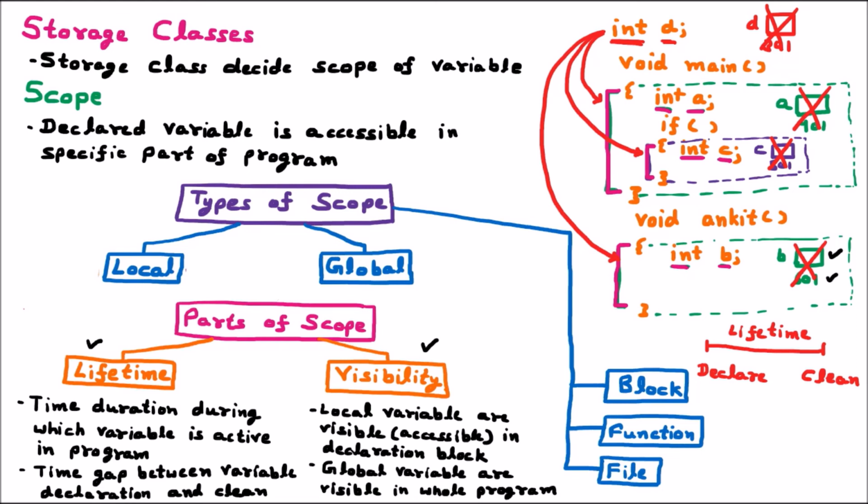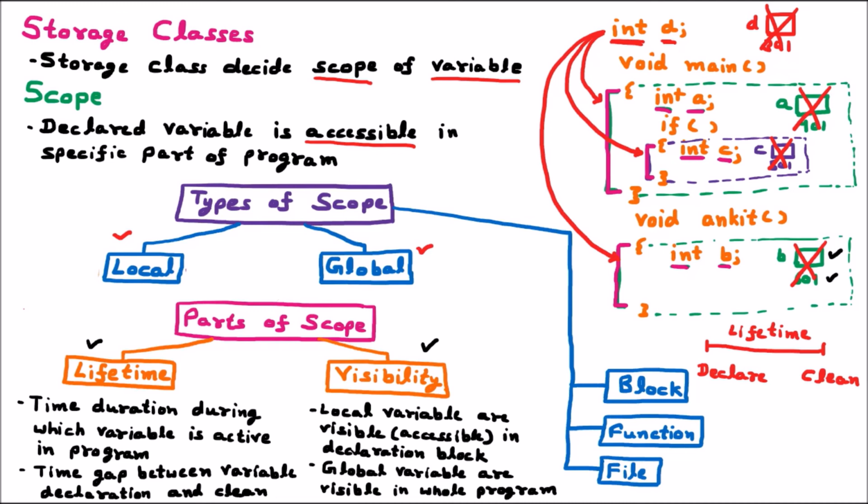So here we have discussed that storage class decides the scope of a variable, that means where the variable can be used. Scope means where the variable is accessible, where we can access it. Scope is of majorly two types: local and global.